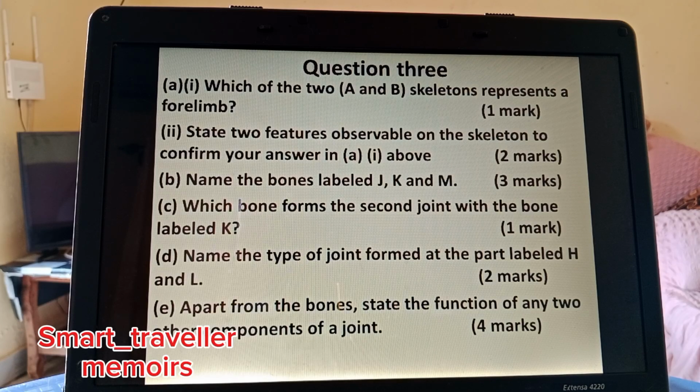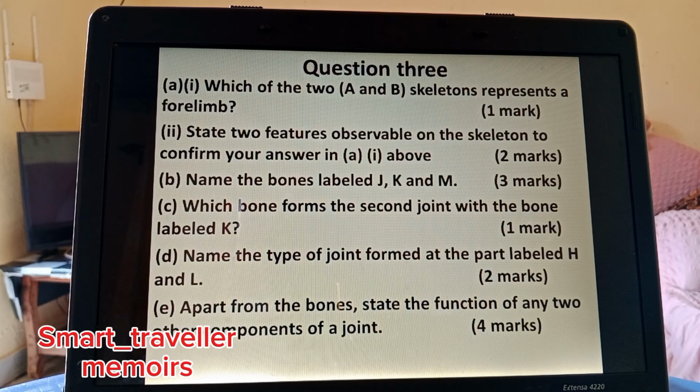Which of the 2 A and B skeletons represents a forelimb? State 2 features observable on the skeleton to confirm your answer in A1 above.